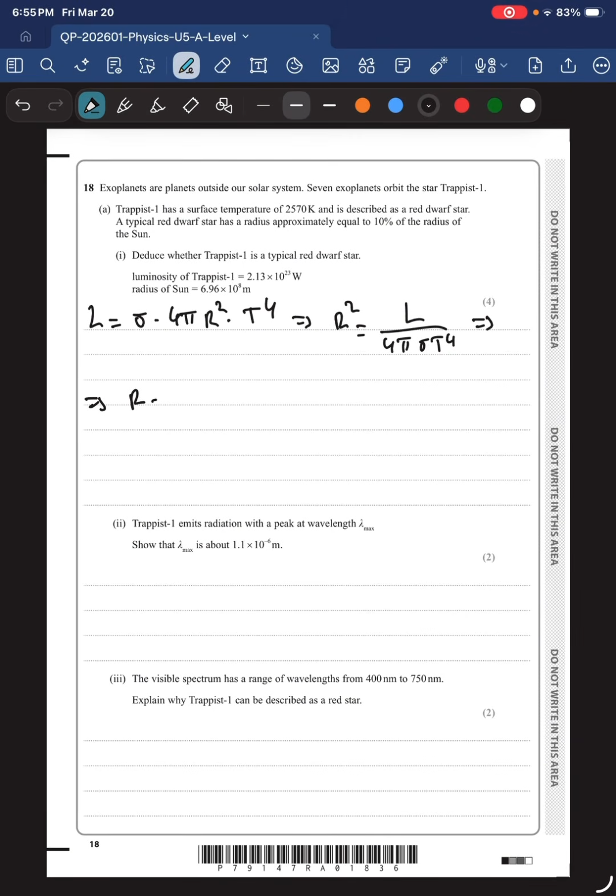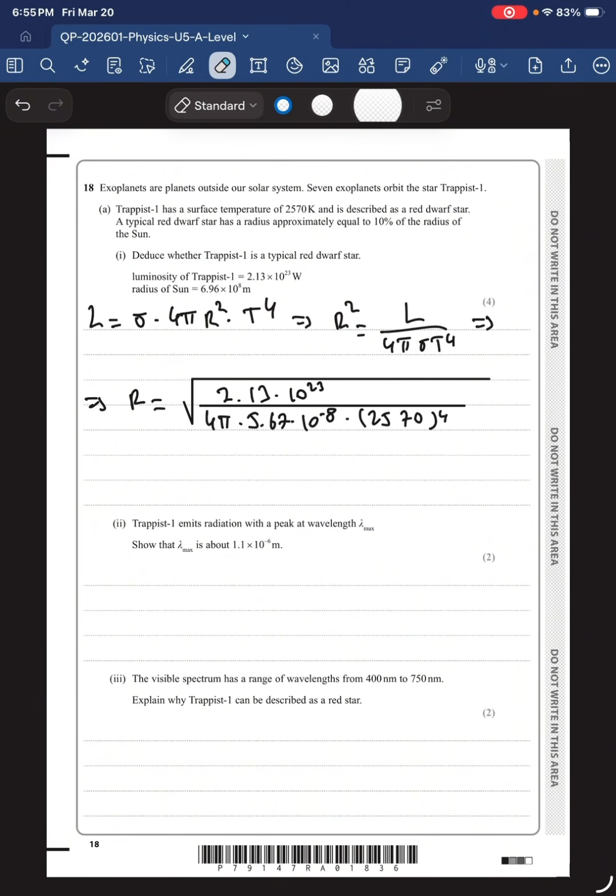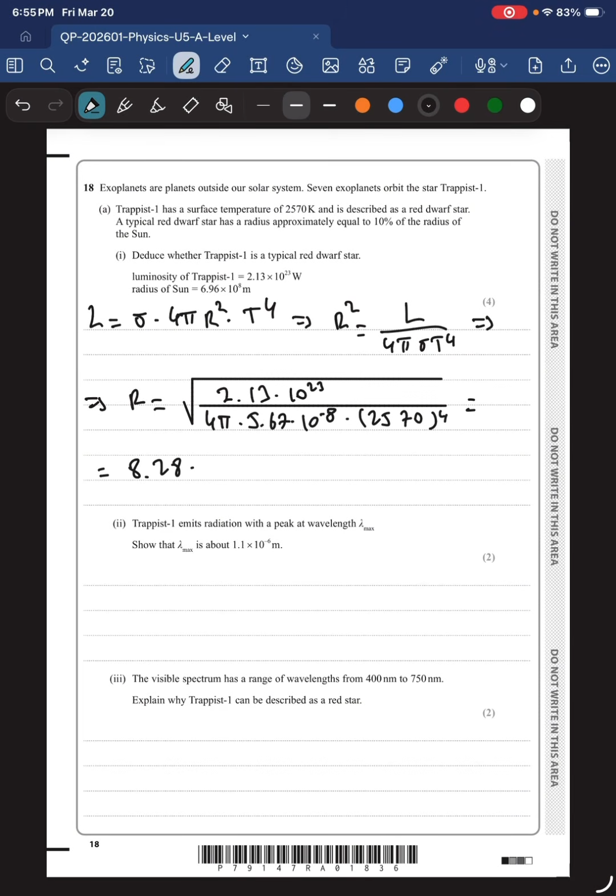So r is the square root of 2.13 times 10 to the 23rd over 4 pi times 5.67 times 10 to the negative 8 times 2570 to the fourth. Okay, so this is equal to 8.28 times 10 to the 7 meters.